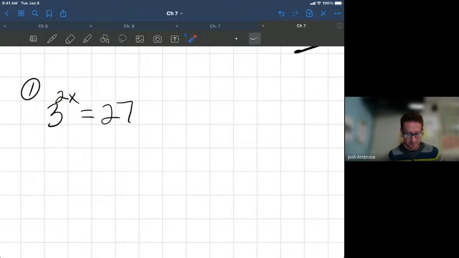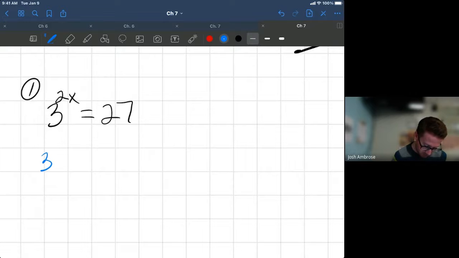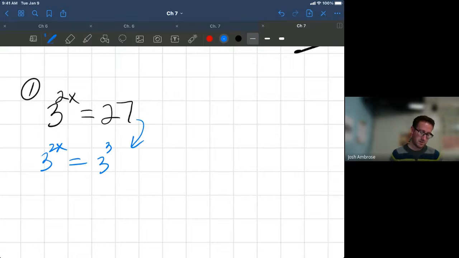We can do that because we can rewrite 27 to have a base 3. That's our first step. So I'm going to rewrite. We know that we have 3 to the power of 2x, but 27 can be rewritten as 3 to the power of 3. This is the important step.